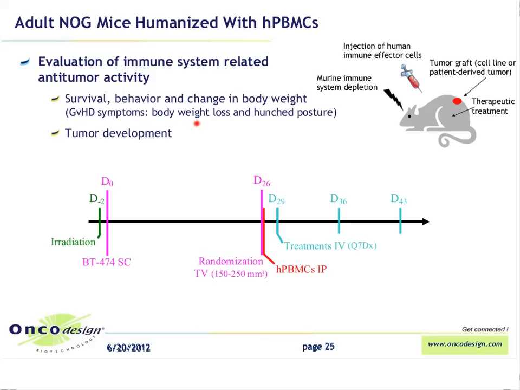Another humanized mouse model could be defined to evaluate the ADCC function of antibody. In this model, the target cells are BT474, the HER2 expressing breast carcinoma cells.